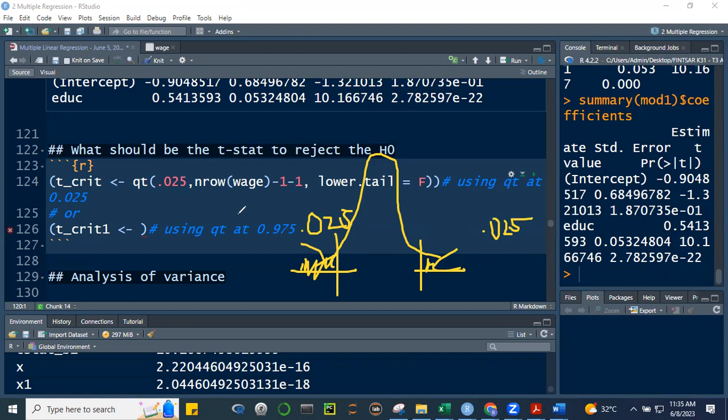So we just use 0.025 for this, and then this is your degrees of freedom, and lower.tail is equal to FALSE. It will give us the value here, and we know that it will be a negative value. If you want the positive value, you can use lower.tail equal to TRUE, and this should also be 0.025. We did this last time.